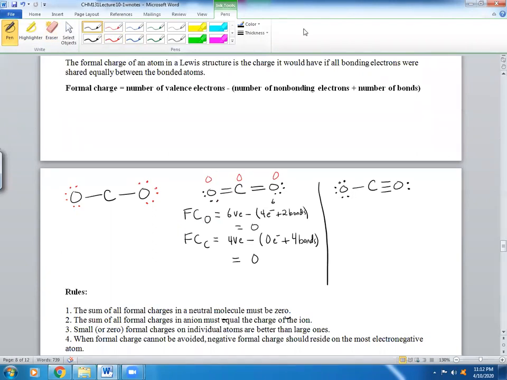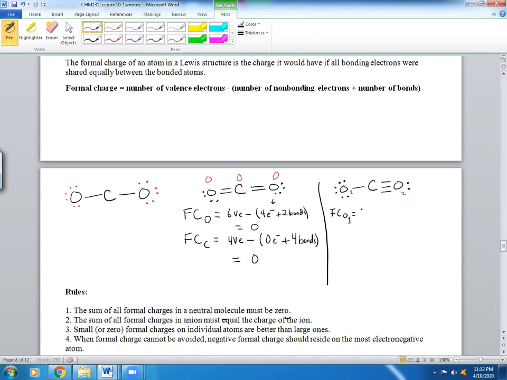Well, obviously here, we're going to have to do both oxygens because they are bonded differently. So I'm going to call this oxygen 1, and I'm going to call this oxygen 2. Let's start with oxygen 1. How many valence does it have?